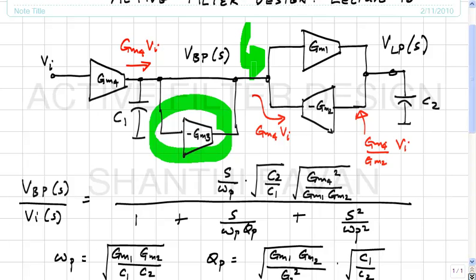So not surprisingly, this transconductor is often called the damping transconductor, because it's the one which kind of damps the resonance. The larger GM3 is, the smaller the quality factor of the poles. Does it make sense?